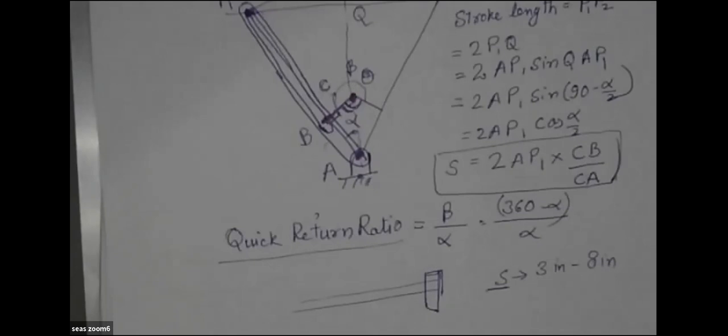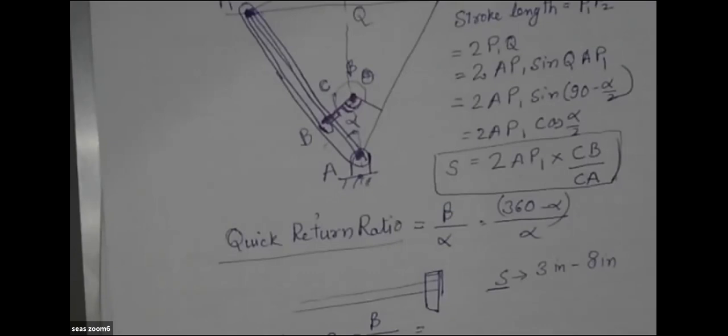also the ratio of cutting time to return time is twice. Let's say this quick return ratio, I'm just writing Q. So Q is 2. इसका मतलब है कि if beta is the forward angle, है ना, beta by alpha is 2, or you can say that बीटा जो है वो अल्फा का दुगना होगा.